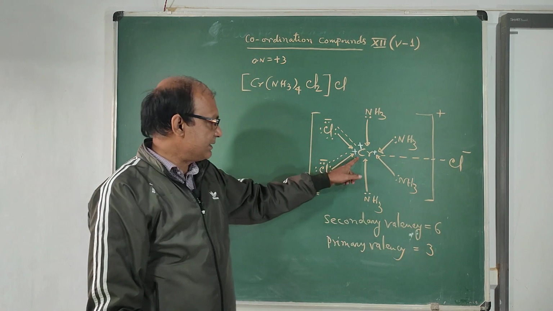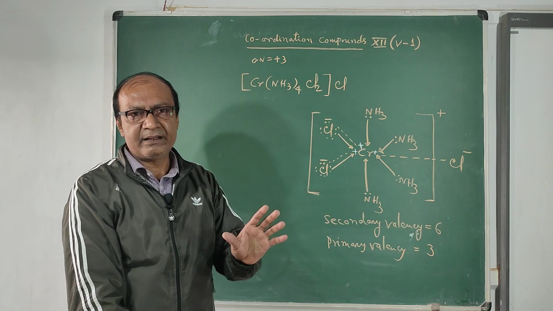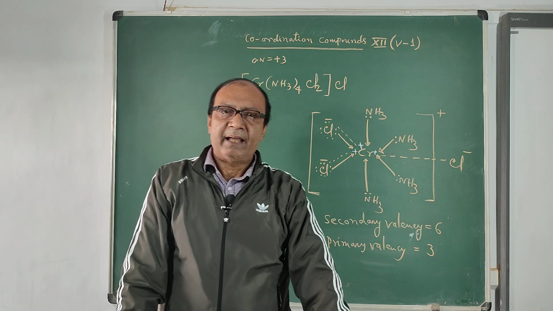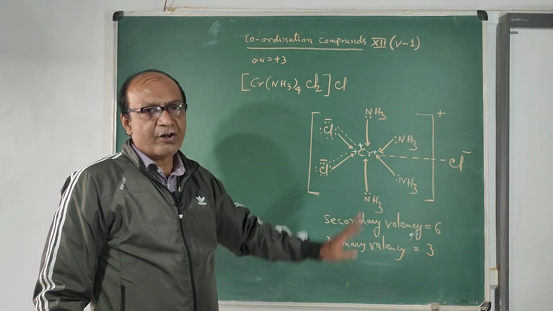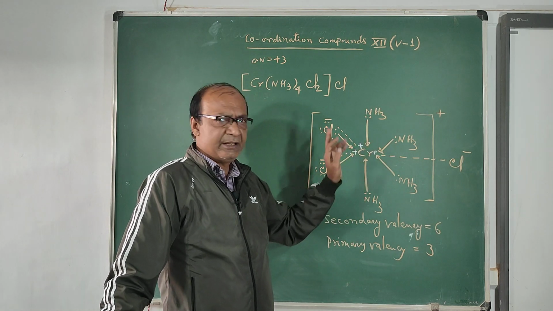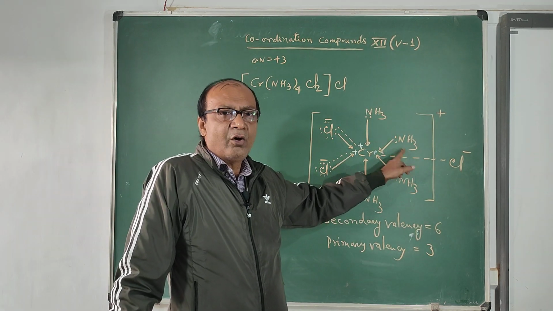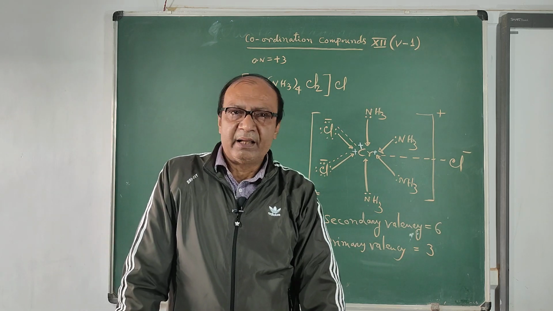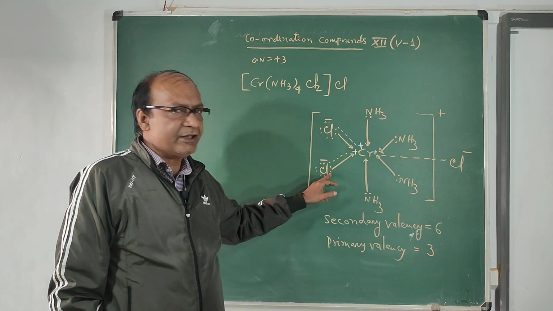So primary valencies are satisfied by anionic species. The primary valency of the central metal is generally satisfied by anionic species. And the secondary valency, that is the number of coordinate bonds, 1, 2, 3, 4, 5, 6, is satisfied by neutral molecules or anionic species.